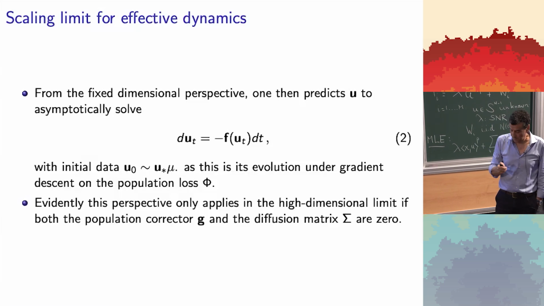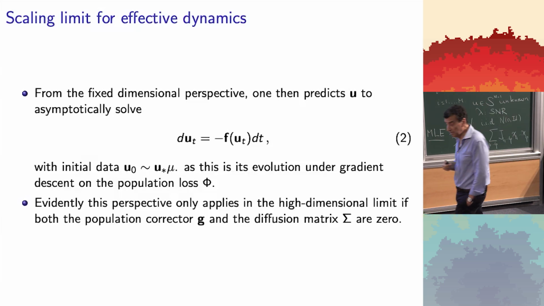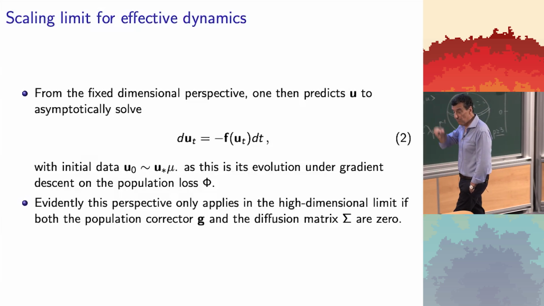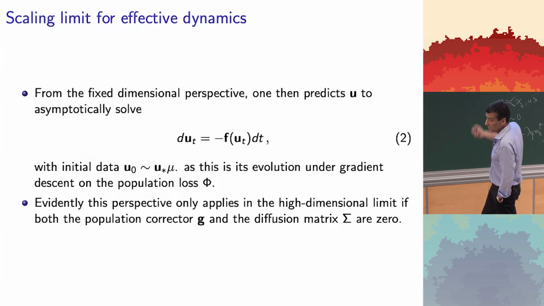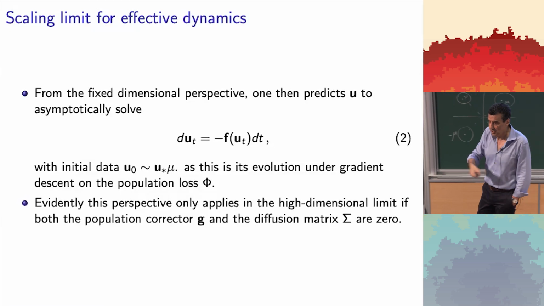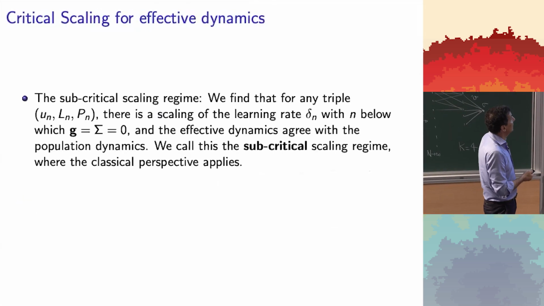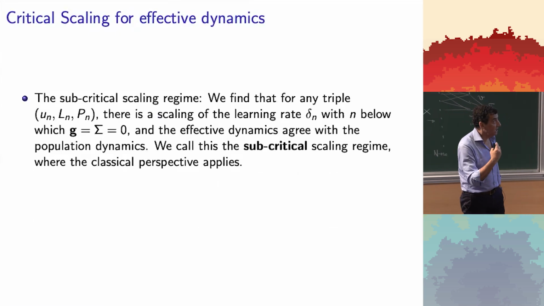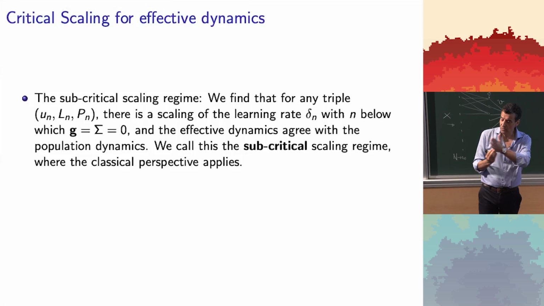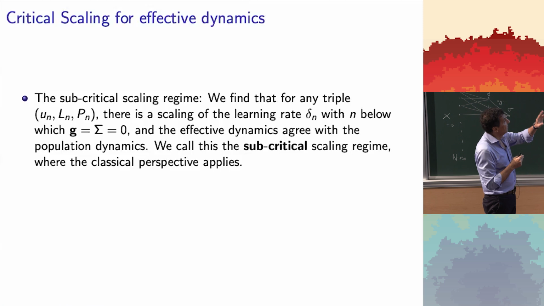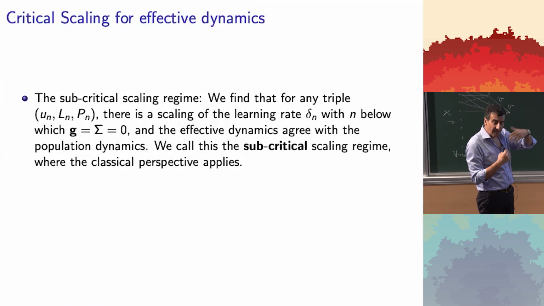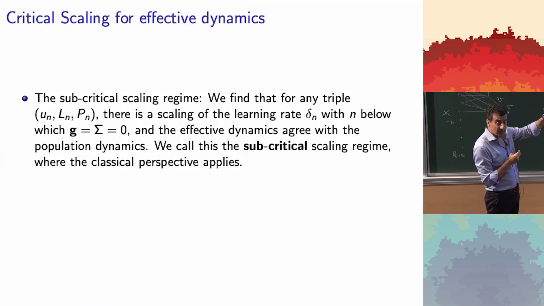So in particular, you should predict that when the time step is small enough, we should get the classical picture. We should not have a g, we should not have a sigma. And this is what happens. In the subcritical regime, there is a scaling of the learning rate. When the learning rate is smaller than something, as I explained before, then we have the limit, and it's g equals sigma equals 0.